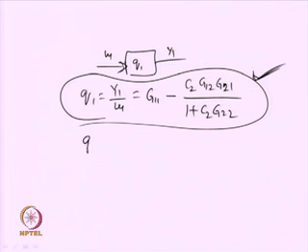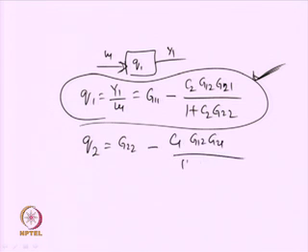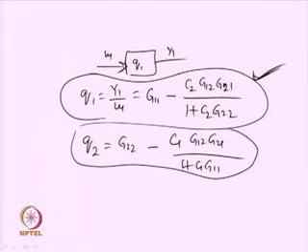Similarly, I will get an expression for Q2 as G22 minus C1 G12 G21 upon 1 plus C1 G11. Okay. So, this is how we find 2 SISO transfer functions for the whole dynamics of the TITO system.